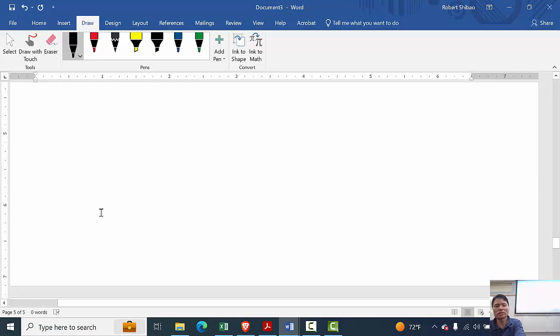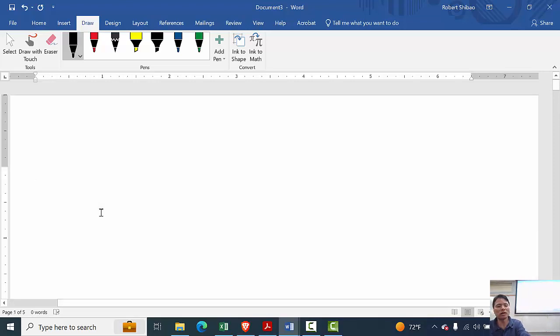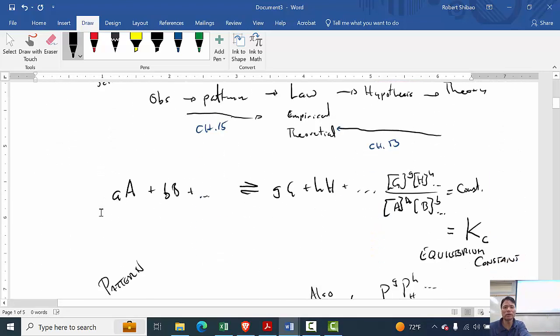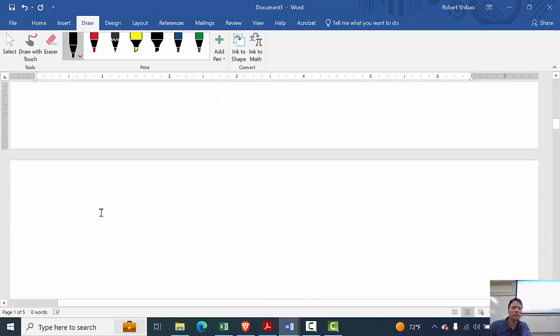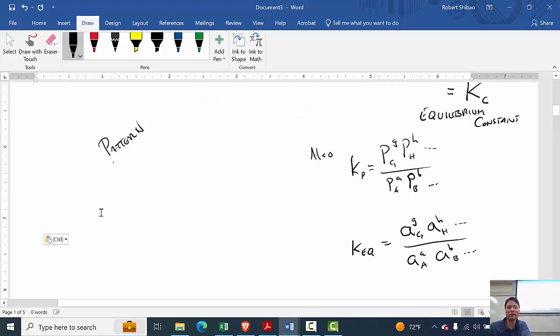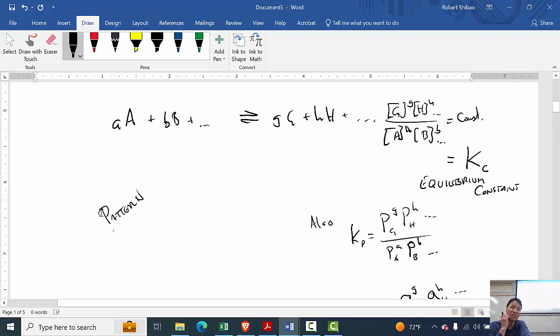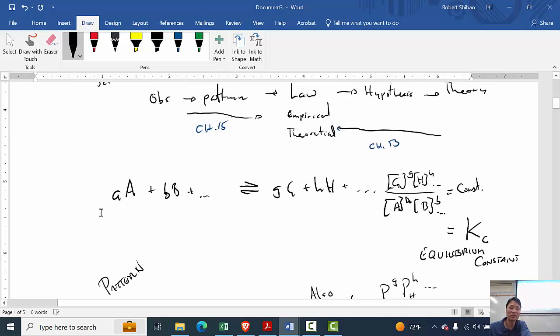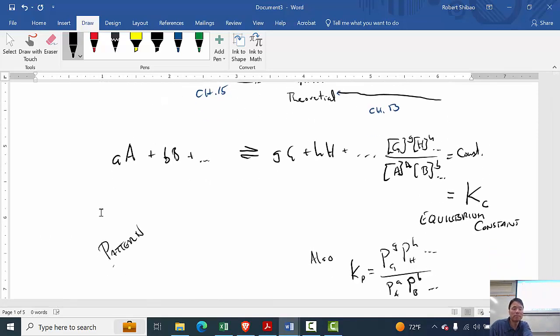So when we see that consistent pattern, we usually call it a law, but nobody calls this one the law. But essentially, this is the law of equilibrium, or the law of these types of reactions. So, equilibrium law.